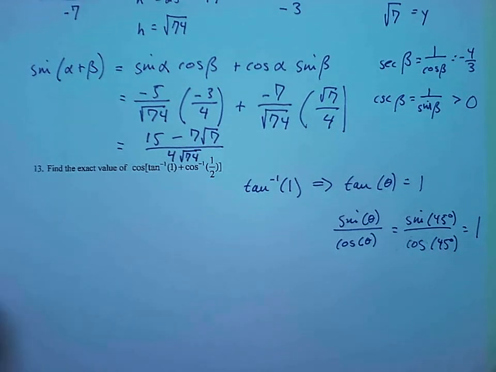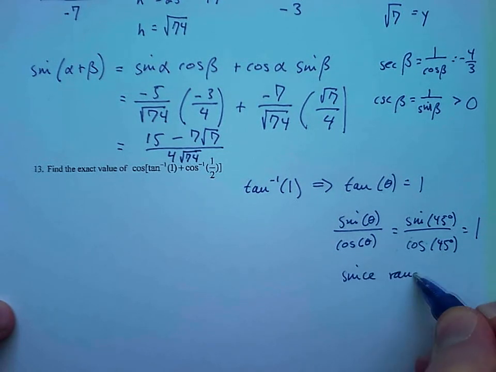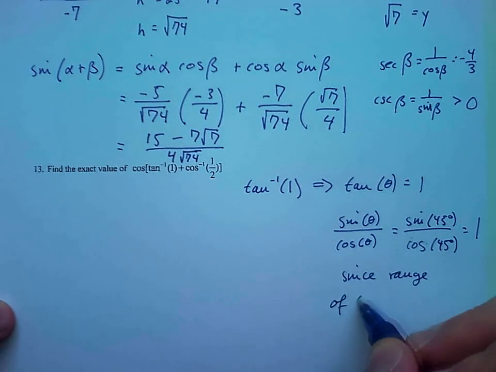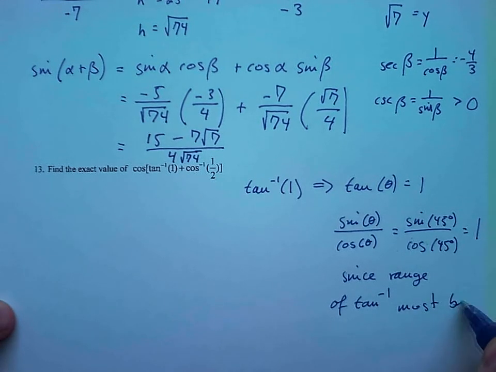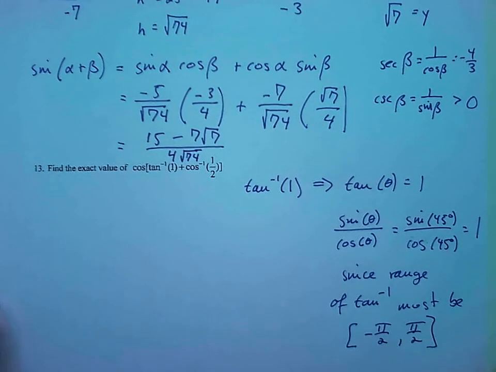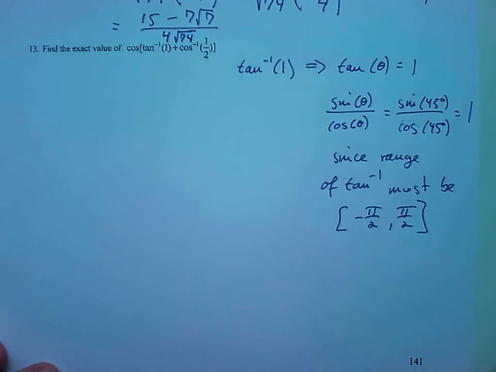And again, remember that the range of the tangent inverse must be in negative pi over 2 to pi over 2. This is what we talked about in a previous section in chapter 7. So it's still in this chapter.